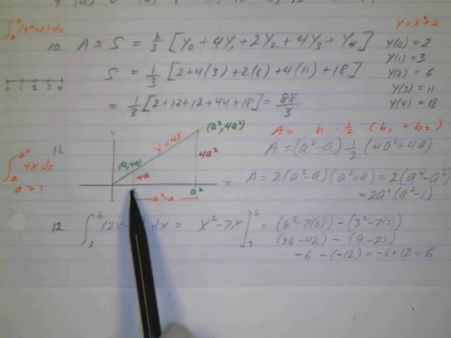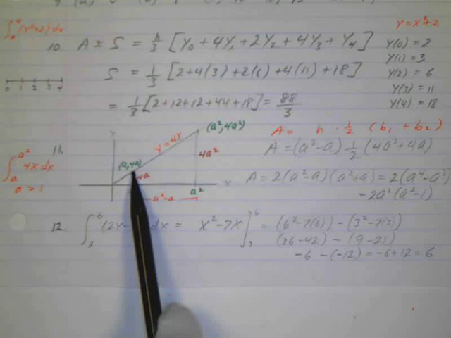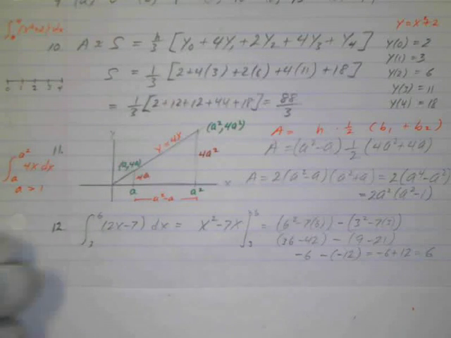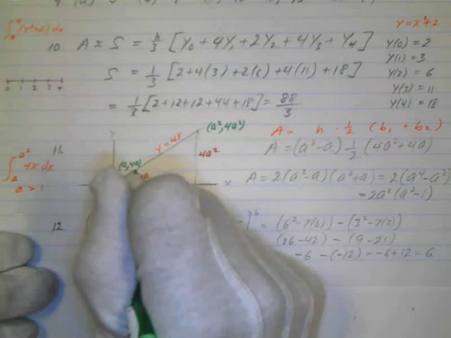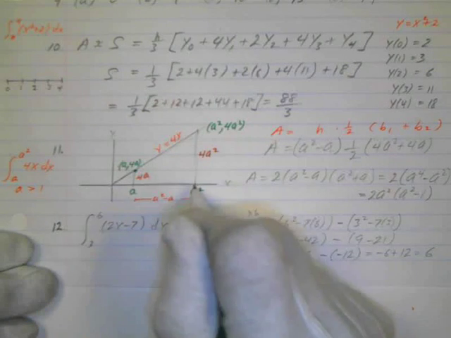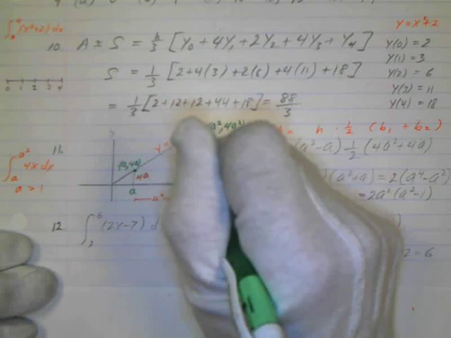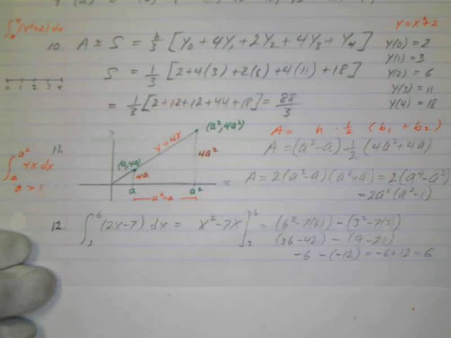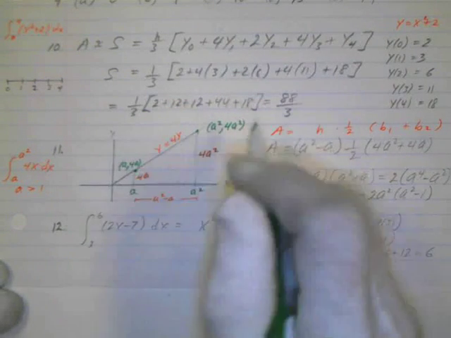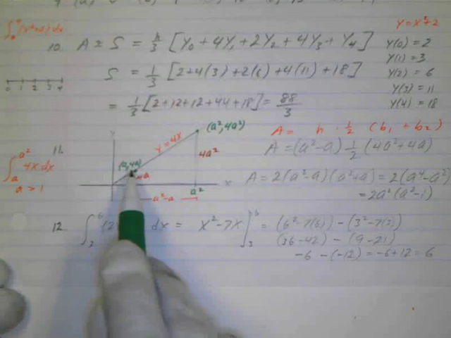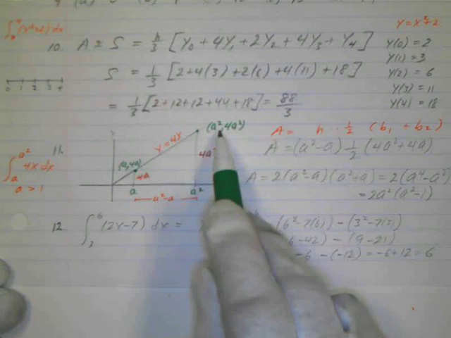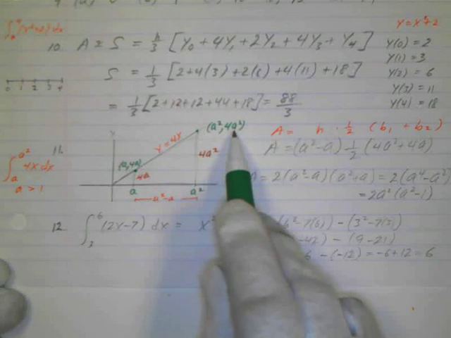And if this is a, the y coordinate of this point will be 4a, and if this is a squared, the coordinate of this point will be a squared, 4a squared.